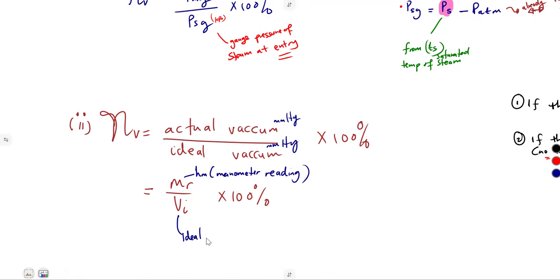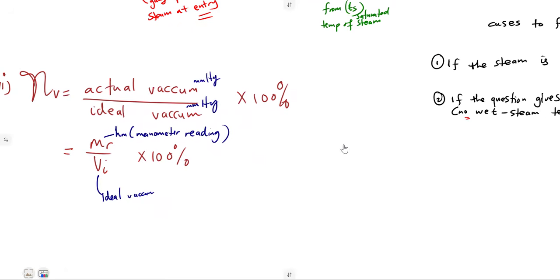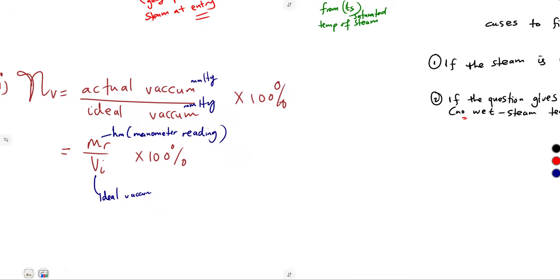So for the ideal vacuum, what we are going to do is to calculate it from this one. Let me put it this way so that we do not mix these formulas. These are on their own.